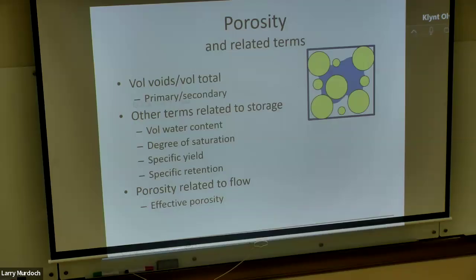So there'll be primary porosity and secondary porosity, and then there'll be some other more specific kind of hydro-related variations of this ratio. These are all going to be related to storage: the volumetric water content, the degree of saturation, specific yield, specific retention, and then this one, effective porosity, will be related to flow.